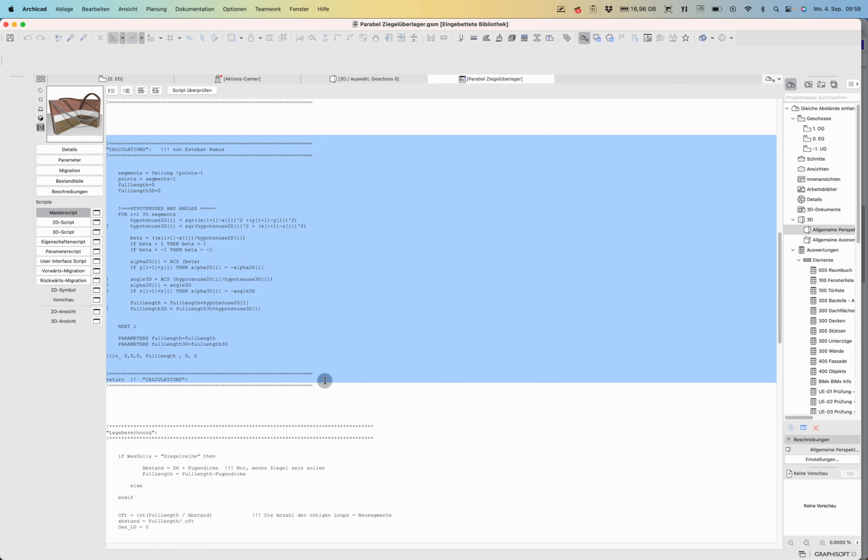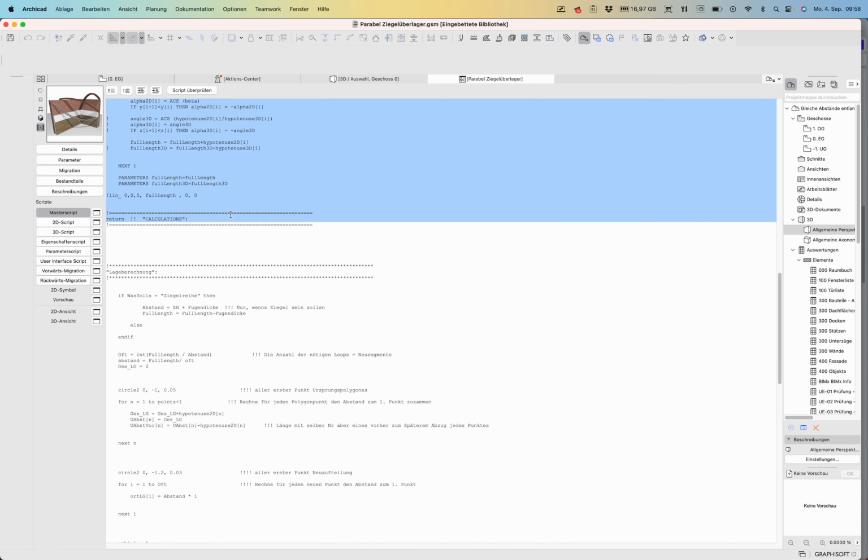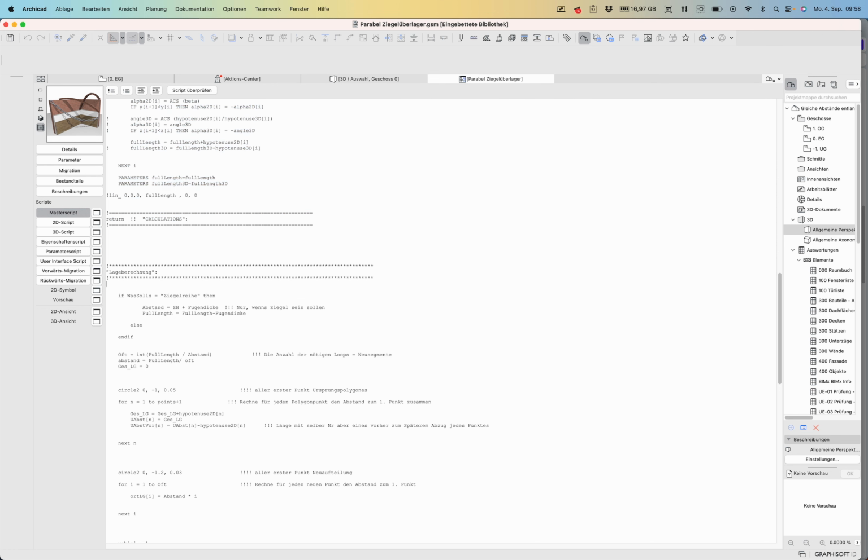just from the polygon. Then my calculation from the other GDL, the Abstand, the distance of the new polygon.